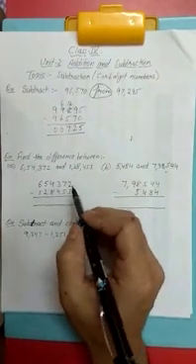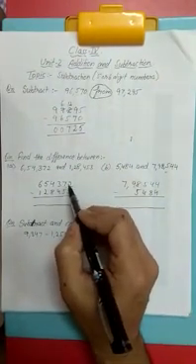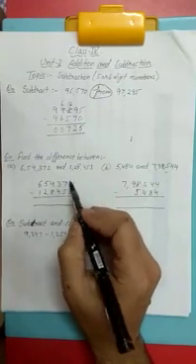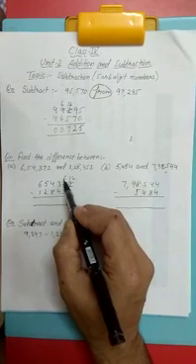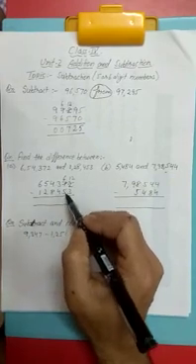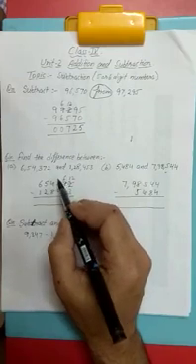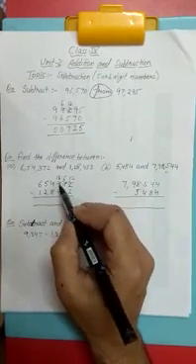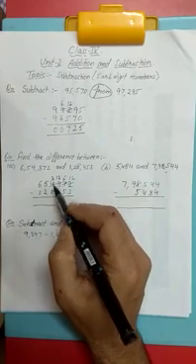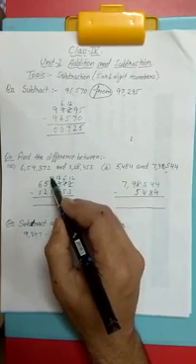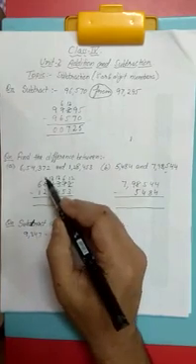So start subtracting, again making the upper digits greater. 2 is smaller than 3, so we will borrow. It will become 12, and what is left over here is 6. Now 6 is greater than 5, so it's fine. 3 is again smaller than 4, so we will borrow. It will become 13, and what is left over here is 3. Now 3 is again smaller than 8, so we will borrow again. It will become 13, and what is left over here is 4.